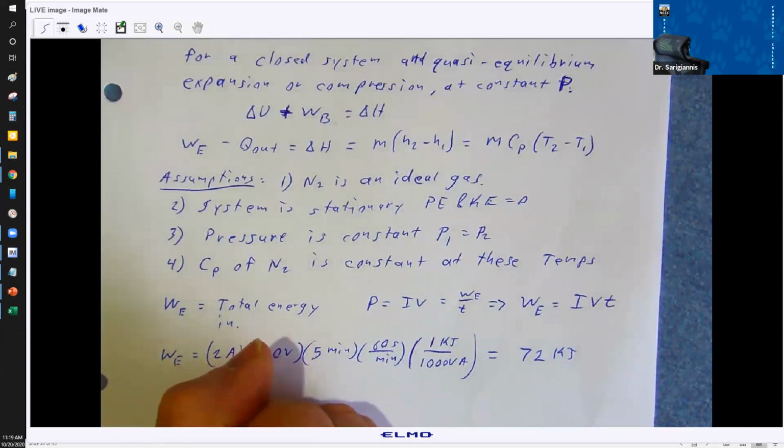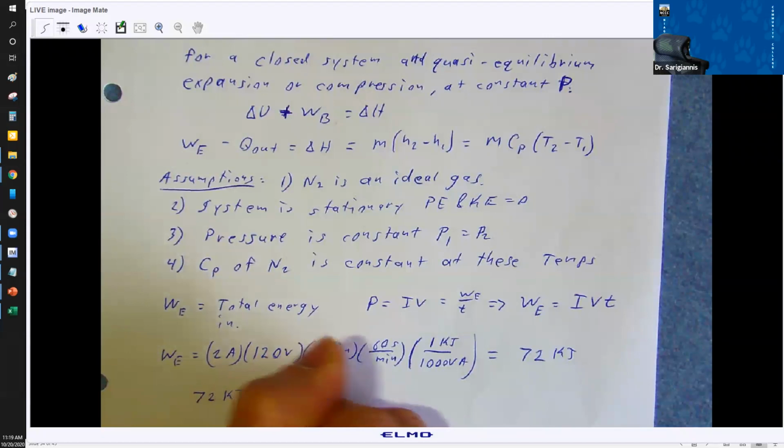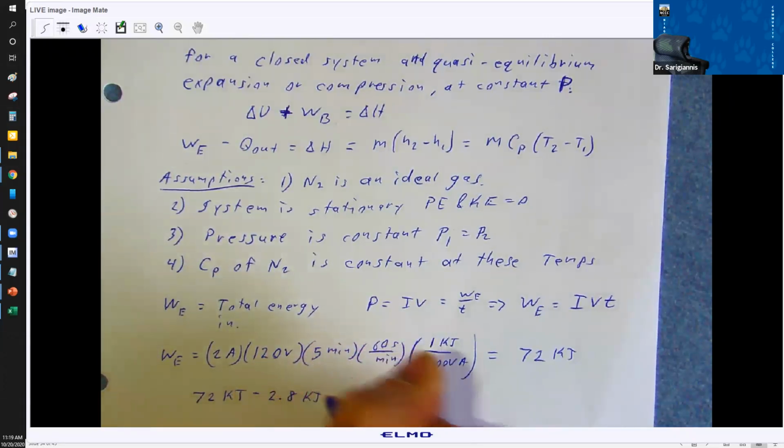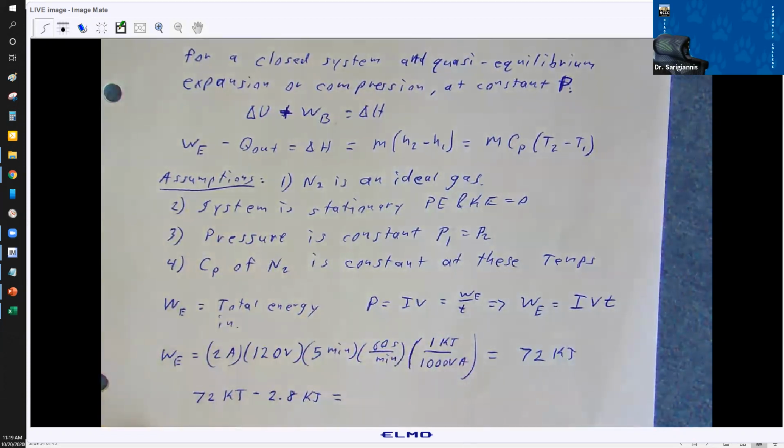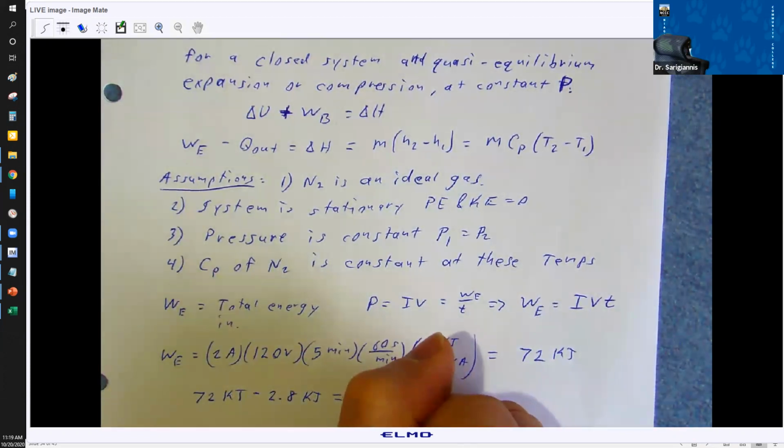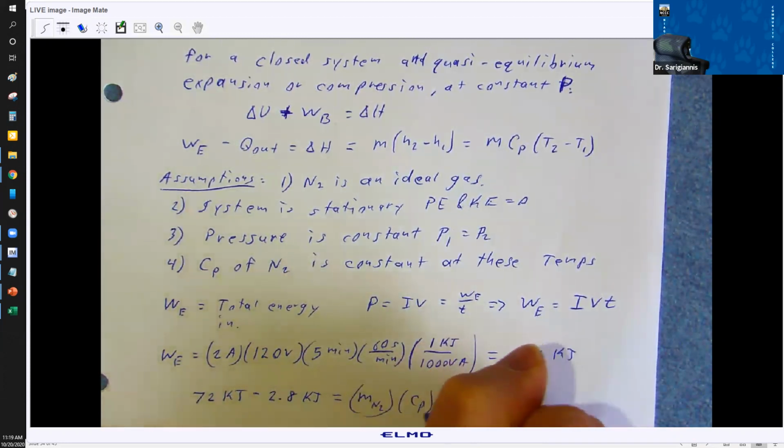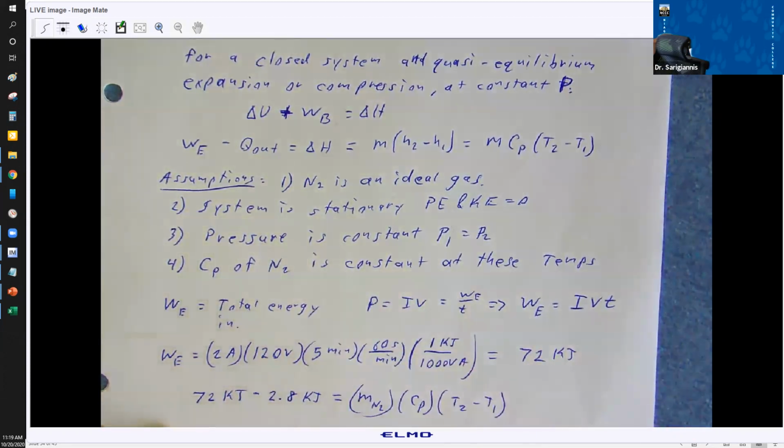So now we're left with 72 kilojoules minus 2.8 kilojoules equals, and now we have some unknowns. We have the mass of the nitrogen, we've got the C_P, and then we've got T2 minus T1.